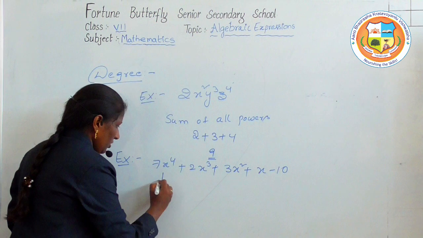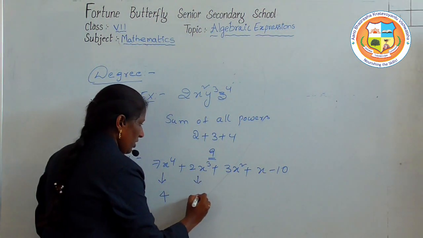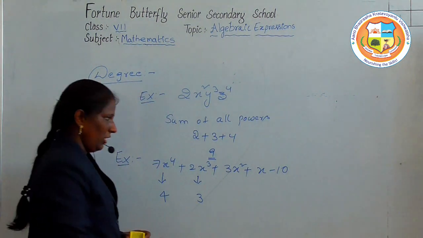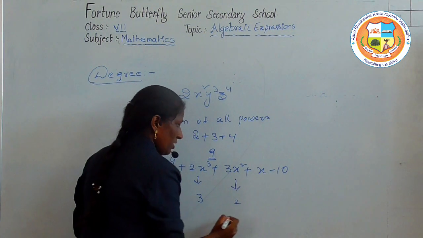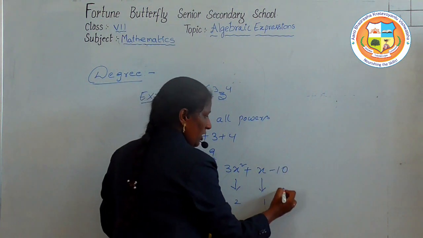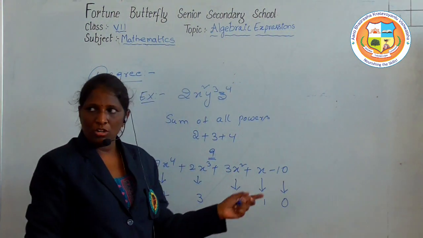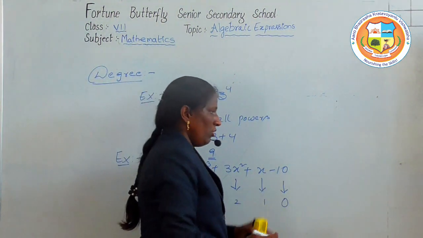In this term, the highest power is 4. In this term, the highest power is 3. In this term, the power is 2. In this, the power is 1. Now here, the constant's power is always 0. Why is the constant's power always 0?